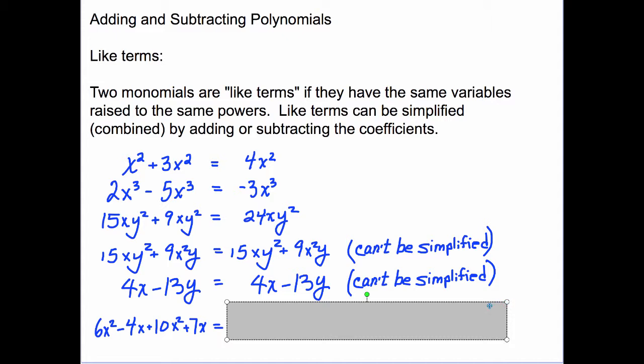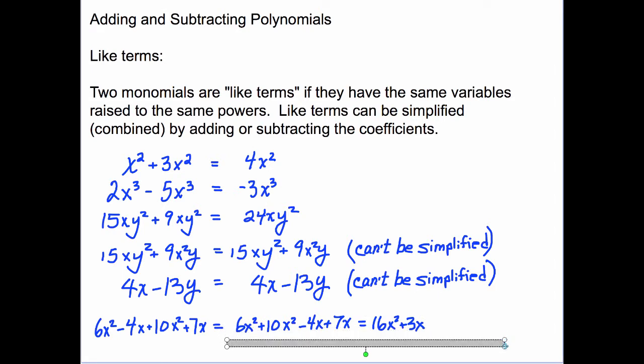And finally, if we have a collection of monomials, some of which are like terms, we can add or subtract the like terms. In this case, 6x squared and 10x squared are like terms. And since all of this is addition and subtraction, we can rearrange these terms so that the x squared terms are together.